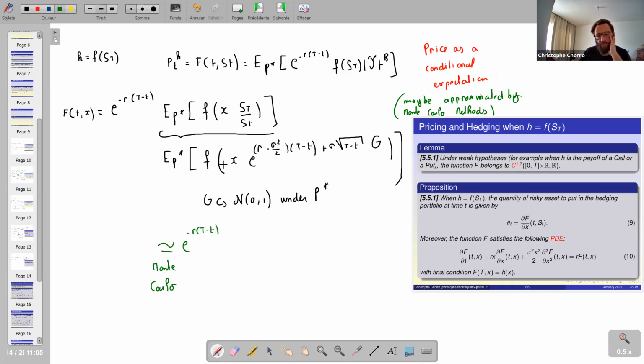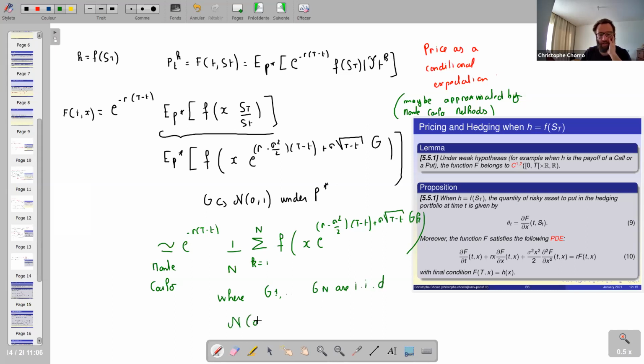And I can approximate this expectation using an average, of f of exactly the same thing, plus sigma, the square root of capital T minus t, G_k, where G_1, ..., G_n are IID N(0,1) under P star.